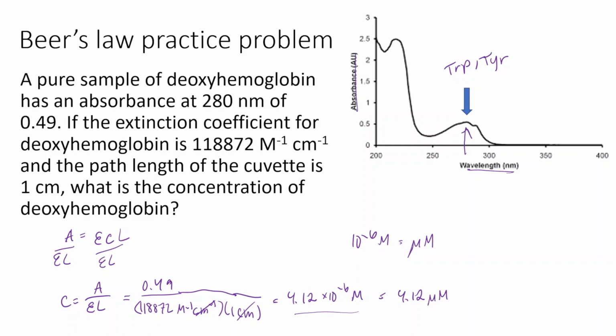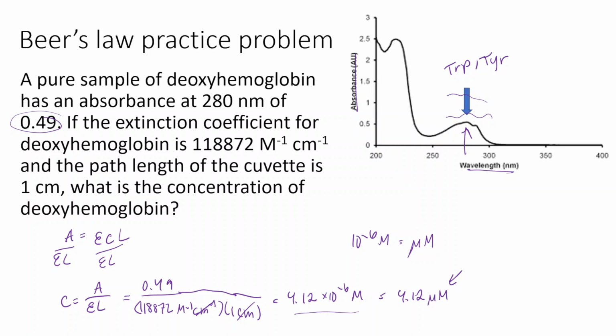Yeah, so if you have a variety of proteins, some of the proteins in the mixture are deoxyhemoglobin, some of them are not. So you would get maybe a larger reading of absorbance because there are other proteins in here dragging up your absorbance at that wavelength.